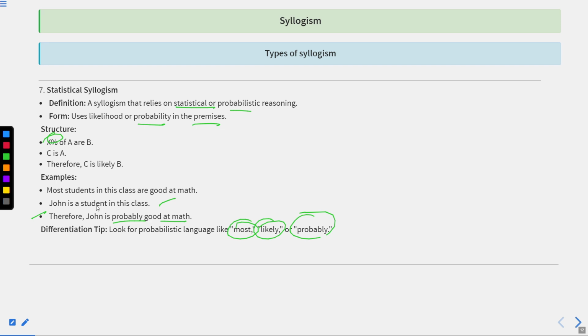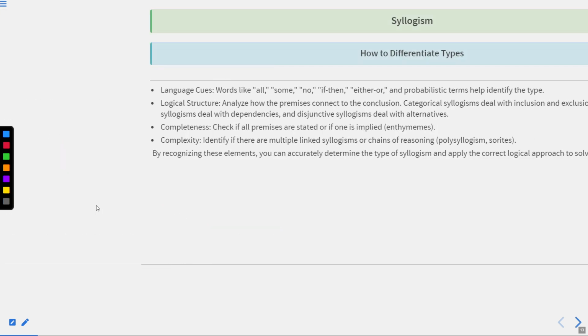And then John, being a student, will be within the ambit of the circle representing students. Therefore, there is a probability that John can be good in maths. Understood?